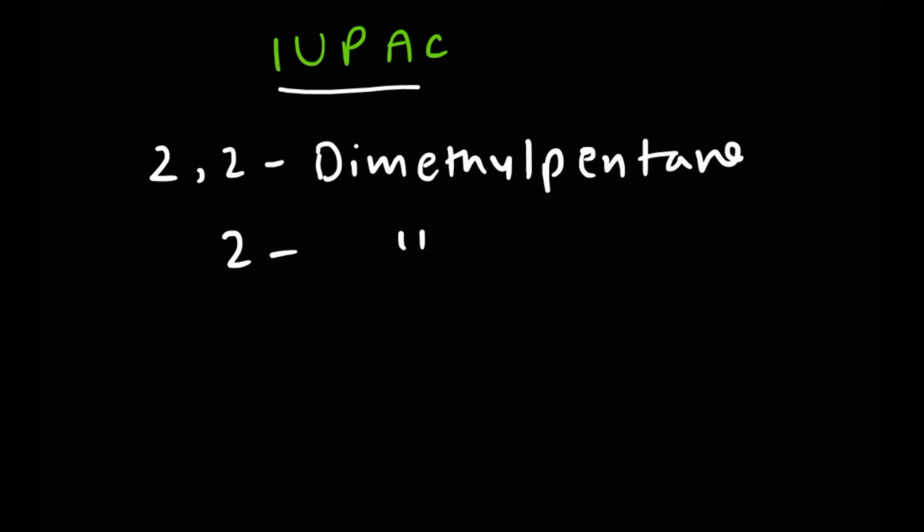It is very simple. For that you just write the parent chain. Pentane means 5 carbon, so 5 carbon. So 2,2-dimethyl: in 2 position 1 methyl and in 2 position another methyl, so 2,2-dimethylpentane.